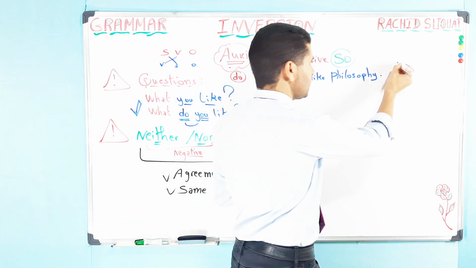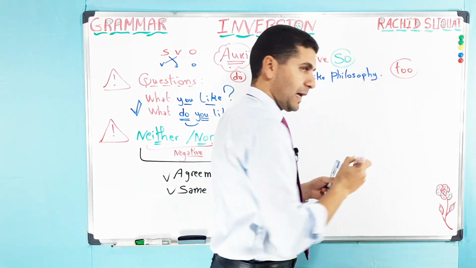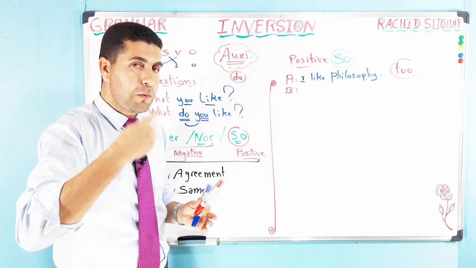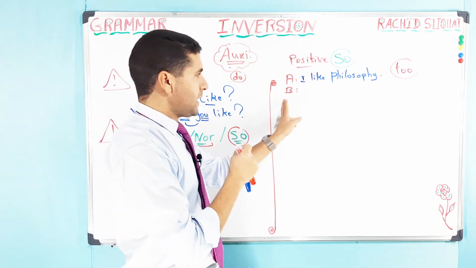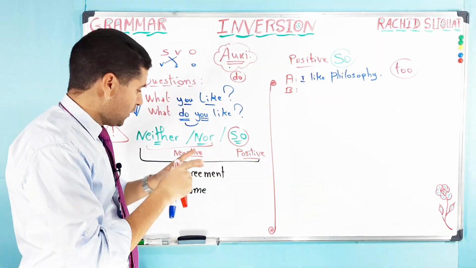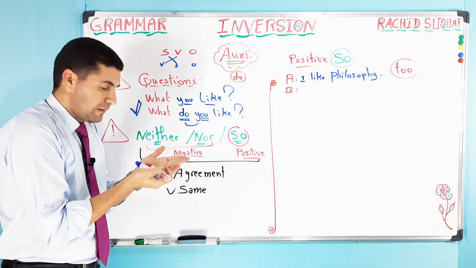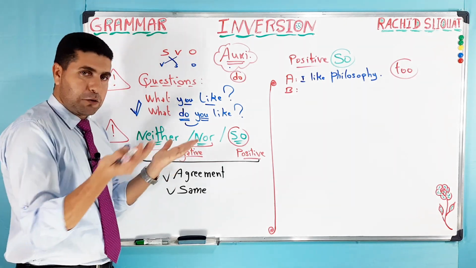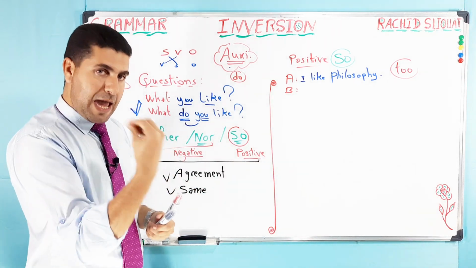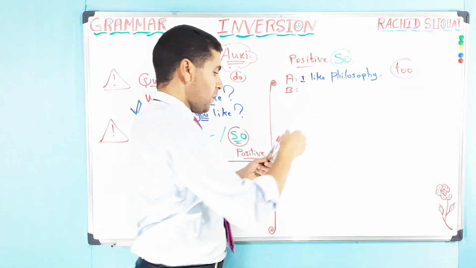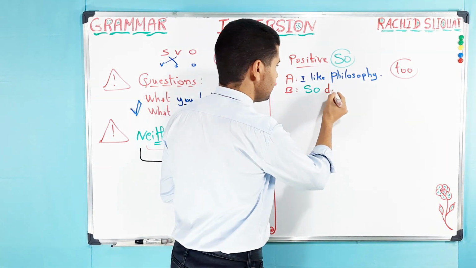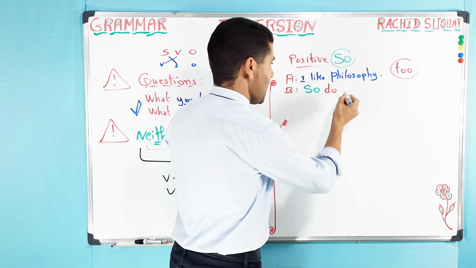Just remember, too. He may like philosophy too, or he may not. Now suppose that B likes philosophy too. Here again there is sameness and agreement between A and B. And therefore, A can answer with "so", for example, and say, "So do I."